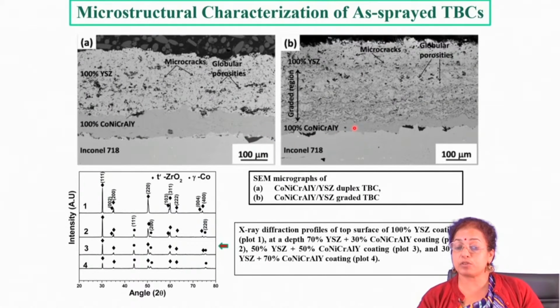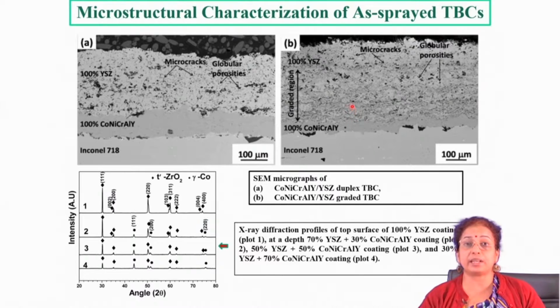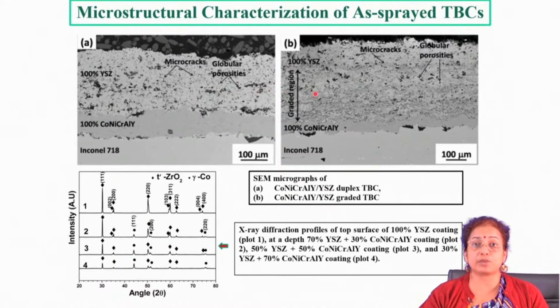In the graded coating, the degree of porosity was a little lower than in the monolithic coating, and there is the presence of both metallic as well as ceramic components, and the ceramic content increases from the depth towards the surface because of the change in composition.